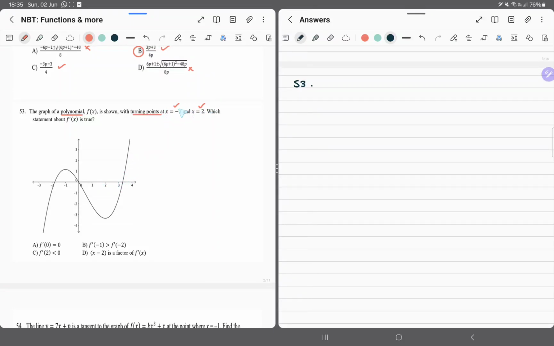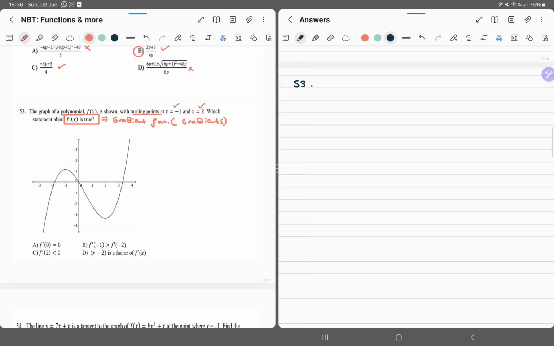It can be any other function though, be careful. But that much we can appreciate at this point. It says now which statement about the first derivative function. Now the first derivative function is basically the gradient function. And literally we are talking about gradients.